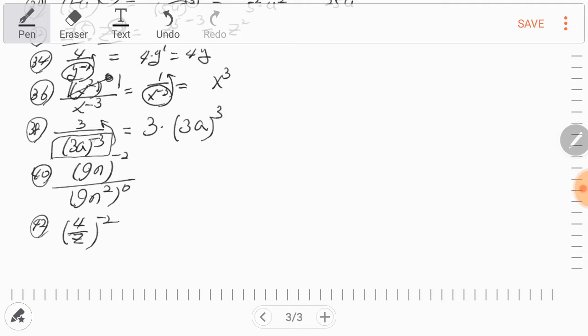Assign the power 3 to each factor in the base, 3 and a. So 3 cubed times a cubed. Then 3 times 3 cubed is 27, a cubed. So 27 times 3 is 81, a cubed.